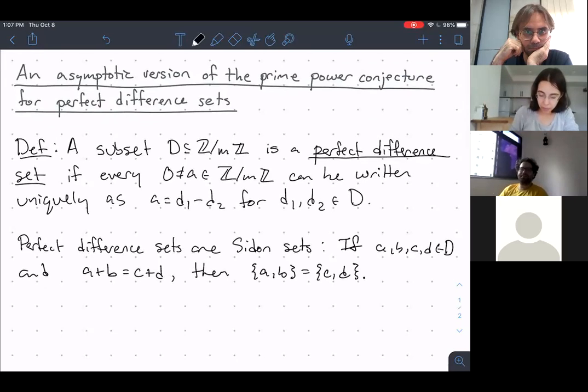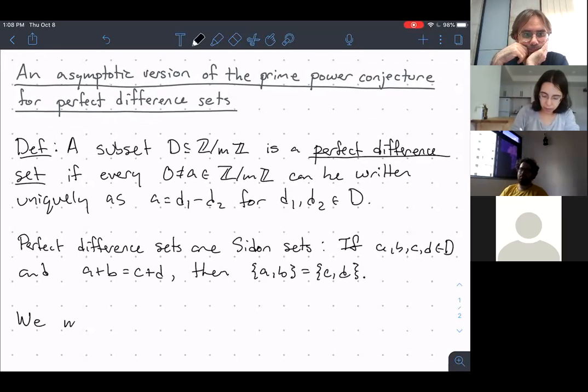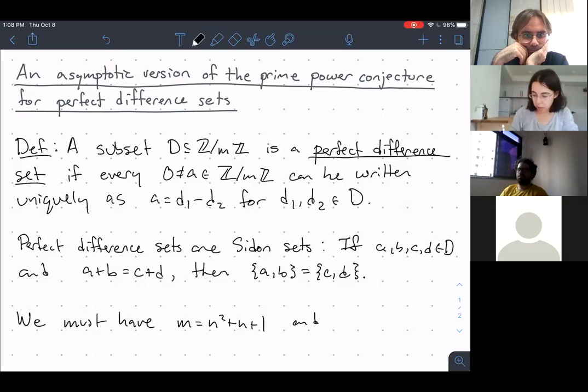So there are some easy constraints. By a simple counting argument, if a perfect difference set exists in the integers mod m, then we must have that m is of the form n squared plus n plus 1 for some integer n. In this situation, the size of D is n plus 1.